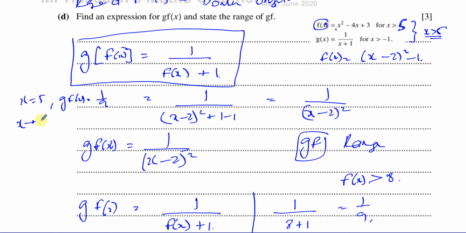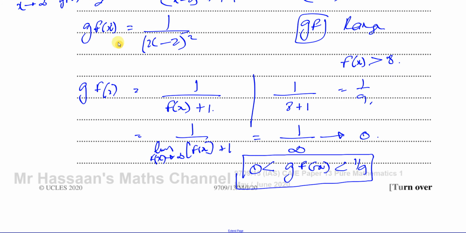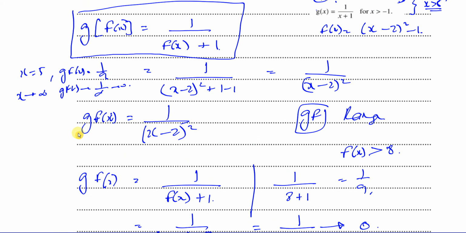So when x approaches infinity, g of f of x will approach 1 over infinity, which approaches 0. So that means g of f of x varies between 0 and 1 over 9, which is exactly what we found. So you can do it in two ways.